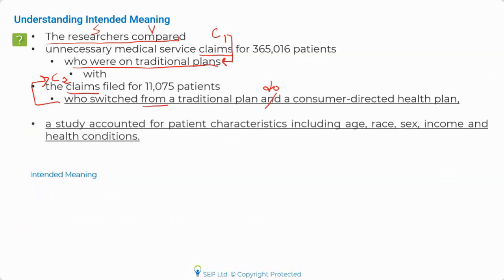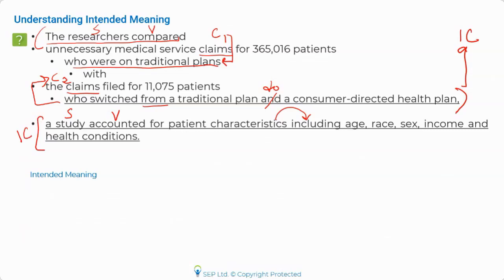A study accounted for. Now, from here till here, if you see, we have an independent clause. And then if you read this part, a study accounted for patient characteristics, characteristics including something, something, something, and something. So study becomes a subject, this becomes a verb, and this becomes an independent clause.